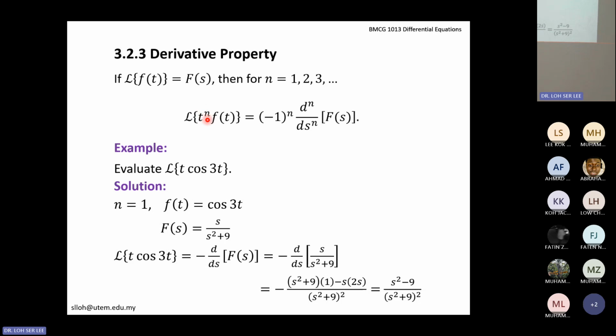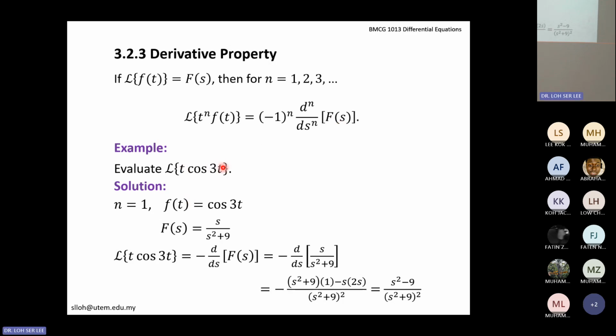If n is an even number, you do not have the negative sign because it is positive. This n represents how many times you need to differentiate. If n is 2, you differentiate this function twice. If n is 1, we differentiate F(s) one time with respect to s.